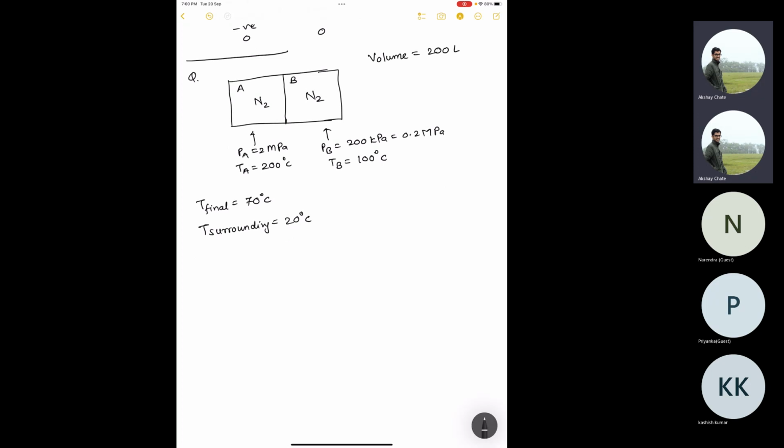And you need to find, first, what is the work done between initial and final state. And second, you need to find the total entropy change of universe because of this process.